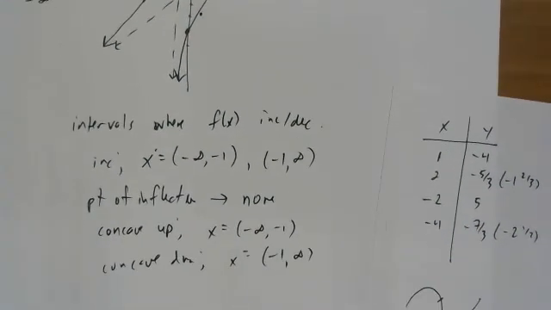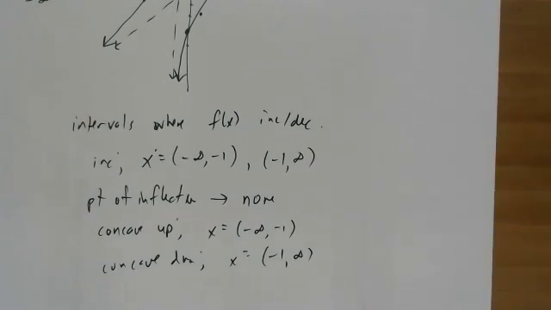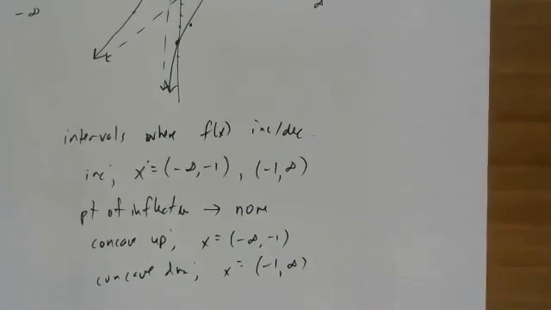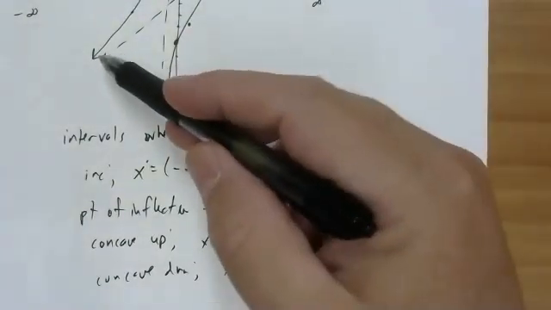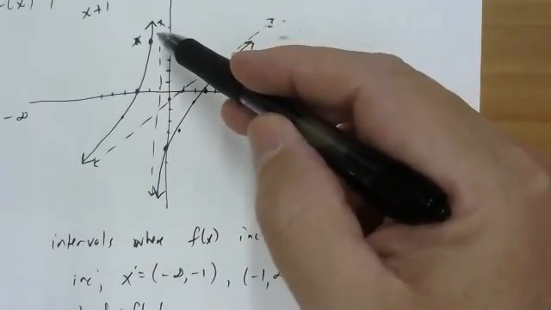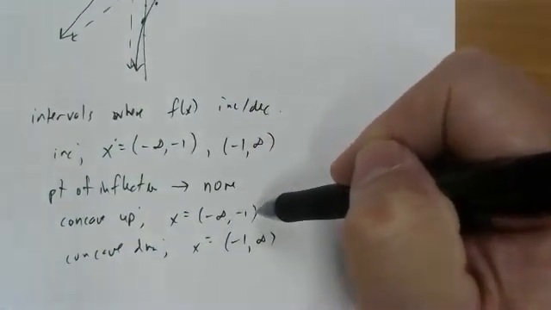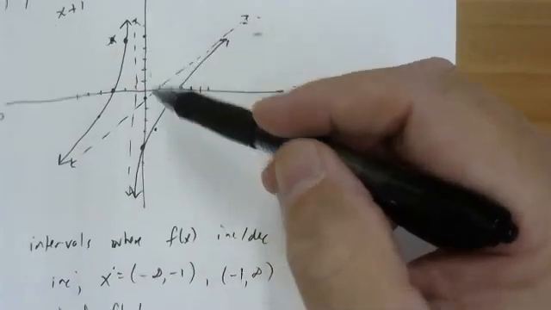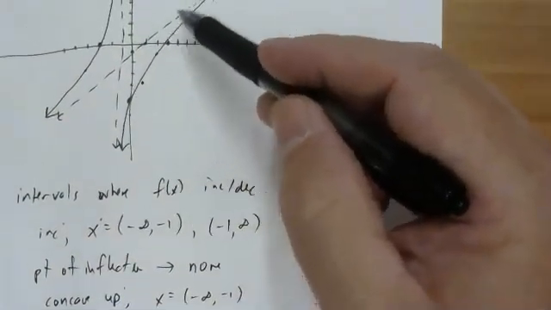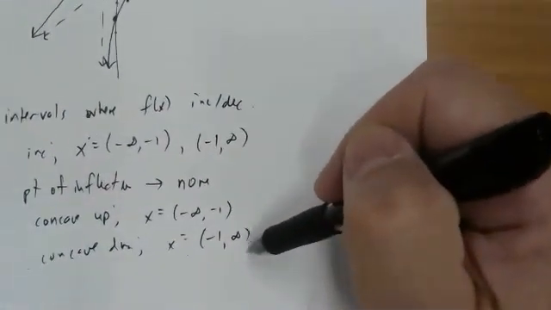Sorry, that's what I was writing. So concave up, negative infinity to -1, and then concave down, -1 to infinity.